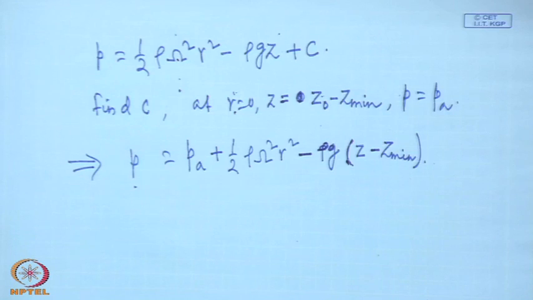Before this disturbance, it was just in the shape of a cylinder. You can consider a radius for the entire container to be some r, and that height is z 0. So, pi r square z 0 is the total volume of the fluid, and now you can find out how much will be the volume with this free surface. And that will give you this z mean, and if we denote this as z max, then z mean and z max can be obtained from there.